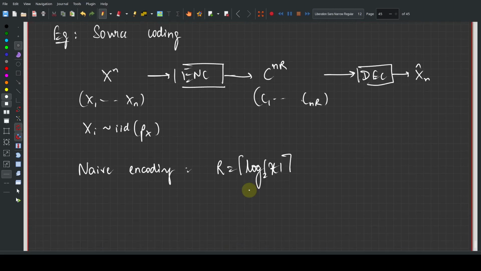Fine. The question is, now if I tell you that x^n is drawn according to a certain distribution, can I bring down R? Is it possible to use fewer bits to store this particular sequence x^n? But all I want is only an approximate recovery guarantee. It's okay if I'm not able to recover the entire sequence x^n all the time, but for almost all x^n I should be able to recover it. But with a tiny probability, it's okay to go wrong.